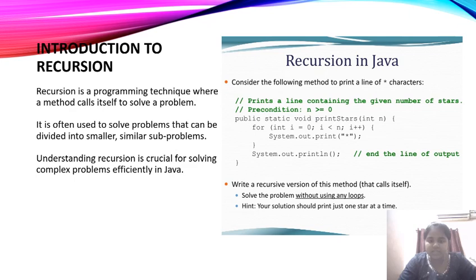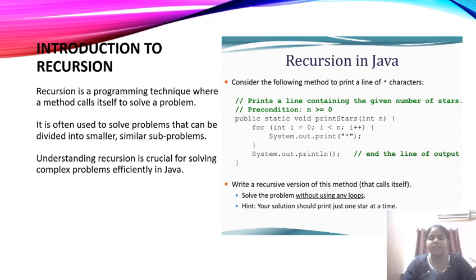In this image, we can see how the program looks without recursion. public static void printStars, int n is the number of stars. We write a for loop, for int i equals 0, i less than n, meaning how many stars we are taking, and i plus plus is incremented. Then we need a print statement.